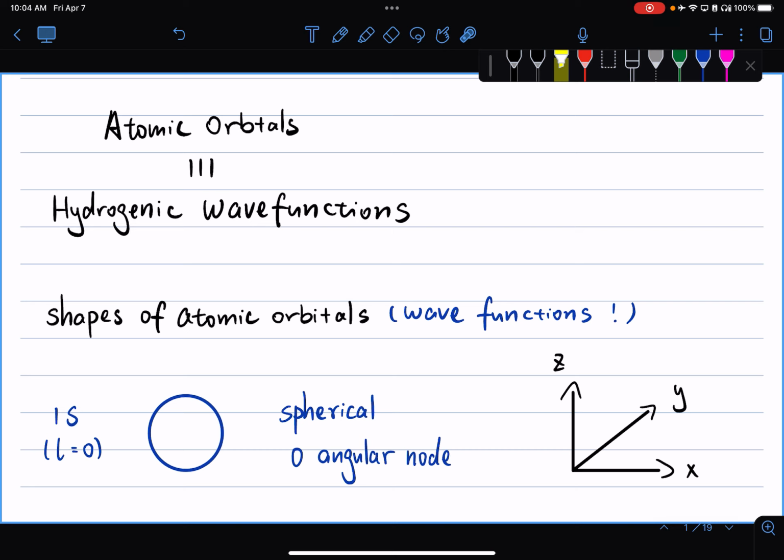These wave functions are mathematical functions people obtain by solving the Schrödinger equation. The Schrödinger equation has the general form of a Hamiltonian operator acting on the wave function to give you energy times the wave function. That wave function we get by solving the Schrödinger equation for a hydrogen atom is our atomic orbitals.